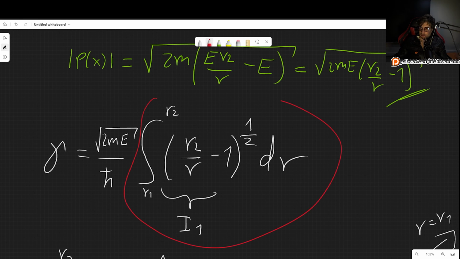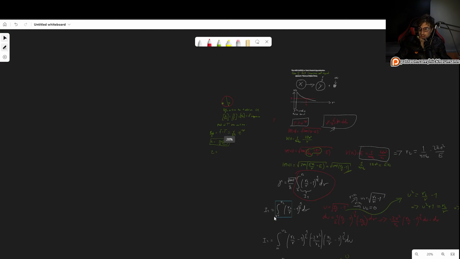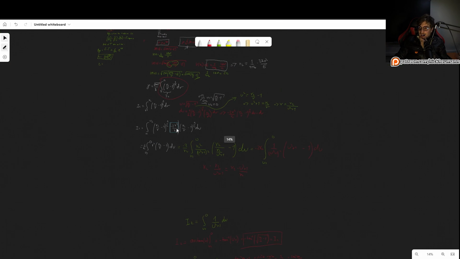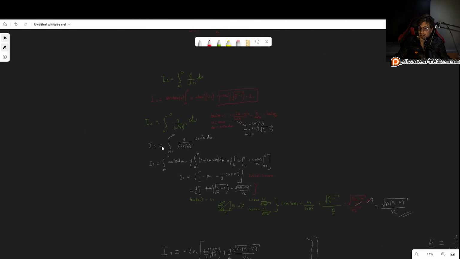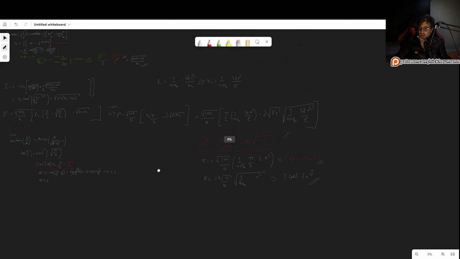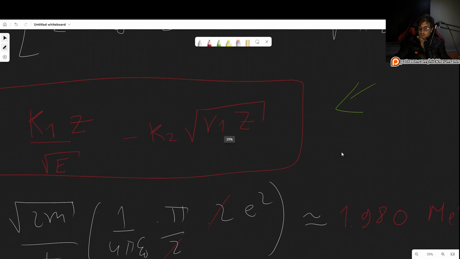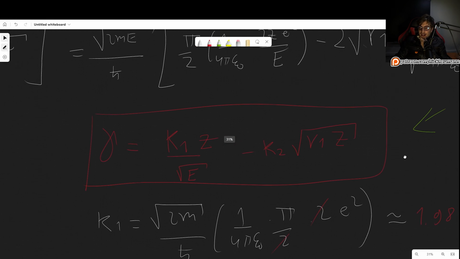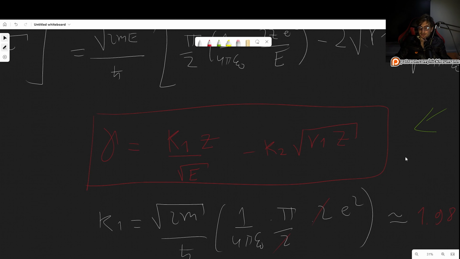Find that integral. We had I1, we had I2, we had I3, and then we needed to simplify a result. But if you think about it, it is a very simple way of explaining a very complex phenomenon. So yeah, I think that's pretty cool.